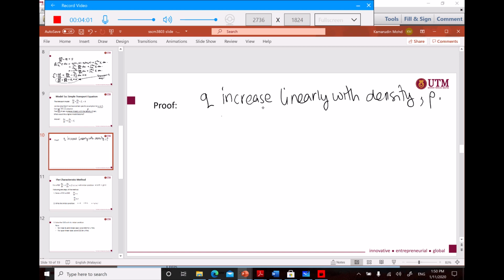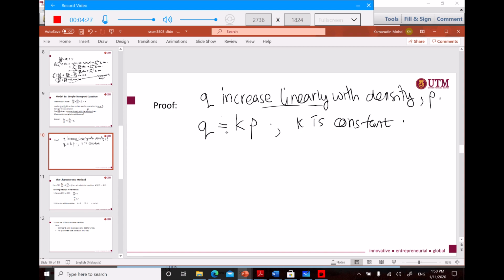Okay, so we have to understand that the term linear increasing means here Q is actually equal to K rho, where K is any constant. Okay, K is constant. Or you can use any constant, C, and so on.